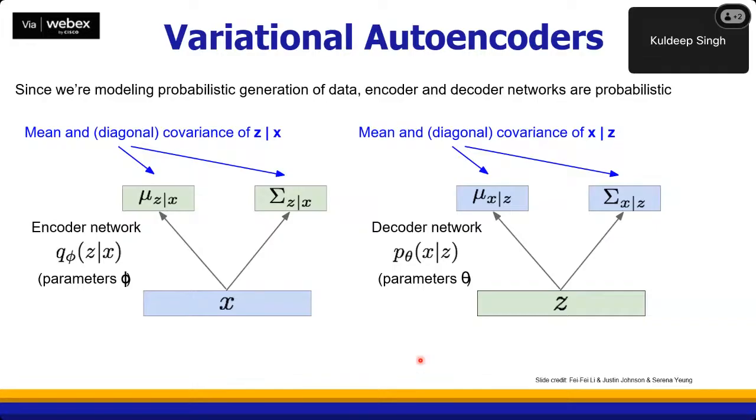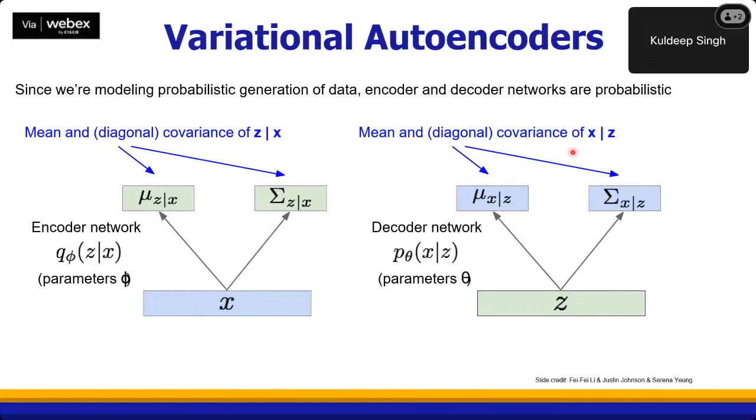So here also, similar to autoencoders, we are going to learn the Z in the latent space representation from the input data X, and from that Z we will reconstruct back the X as the output of the decoder network.